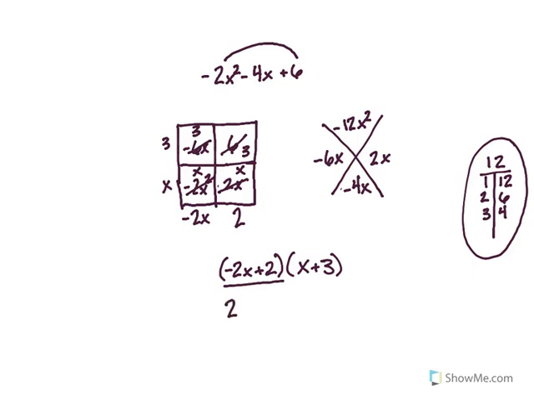I can take a 2 out of here. 2 times negative x is negative 2x. 2 times 1 is 2. And then I will be left with x plus 3. So I just took out my greatest common factor in that first factor. Now there's nothing else that I can take out of there. That is the simplest version.